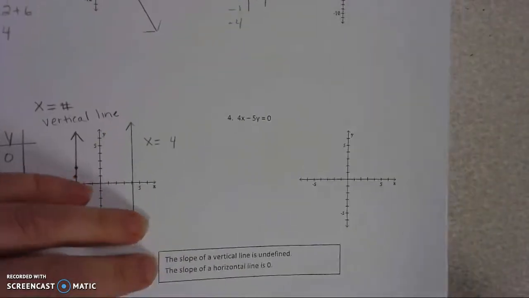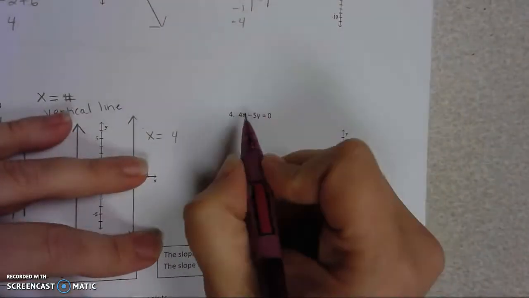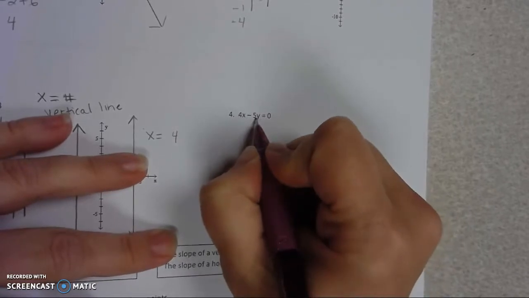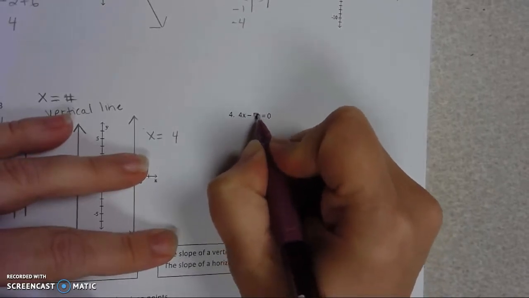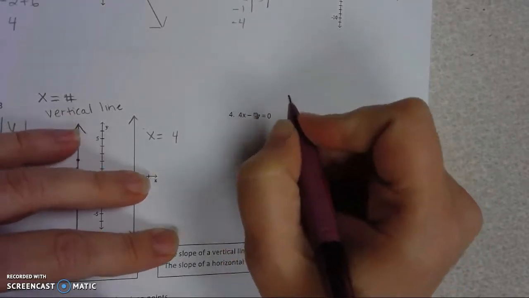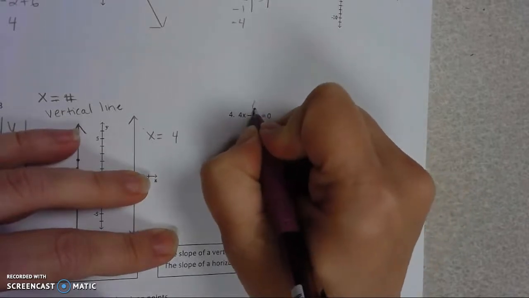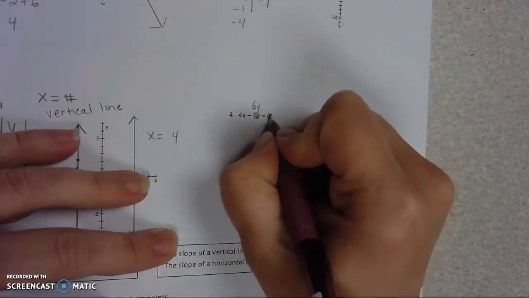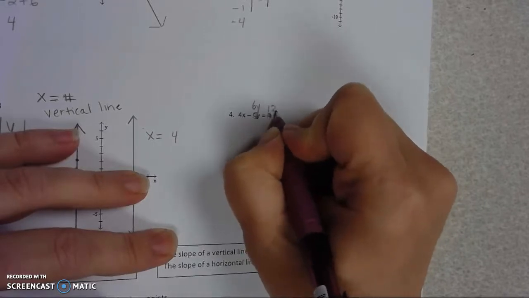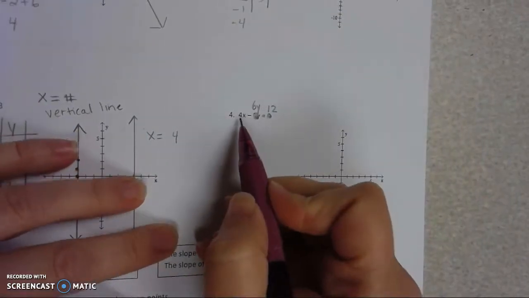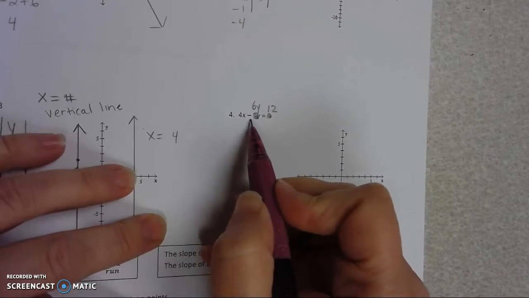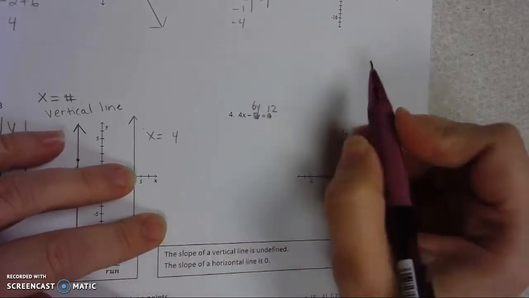Alright, lastly, I want to change this one. So instead of minus 5y, let's mark that out, and let's do 6y, and instead of 0, let's make it 12. So your equation should say 4x minus 6y equals 12.